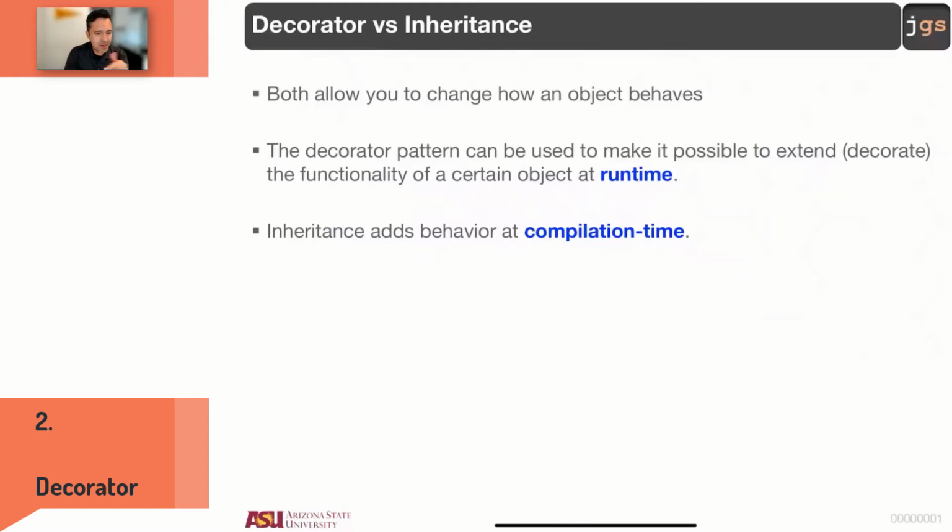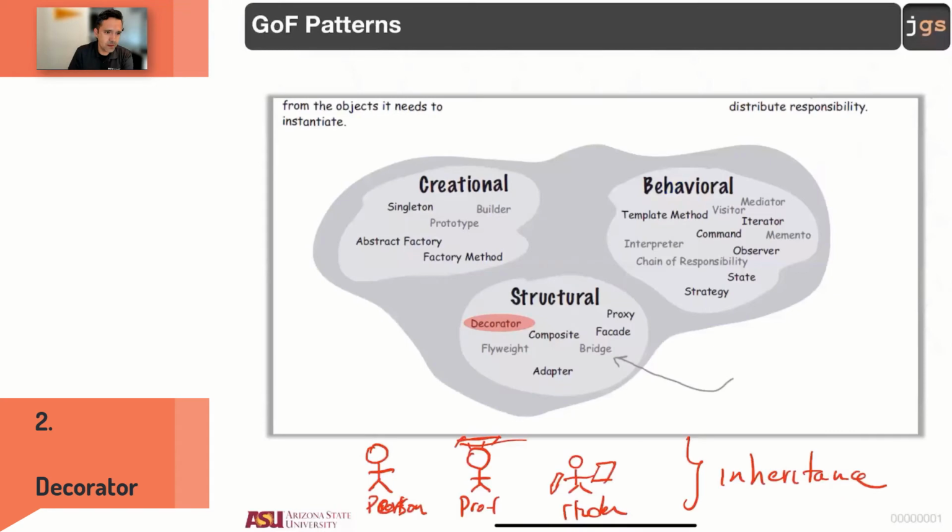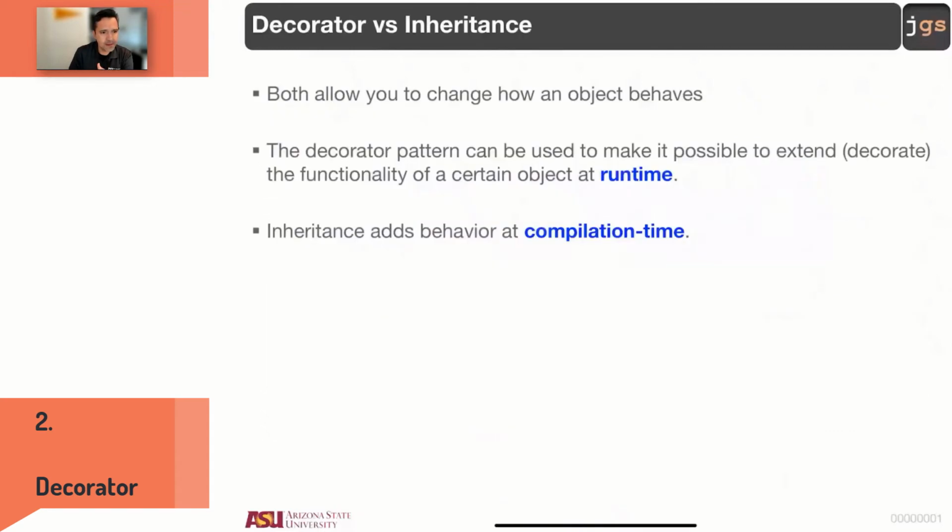When you have a problem like this one, when you have a class that is the parent, and somehow you notice that you can have children, and the children are basically the parent plus something.